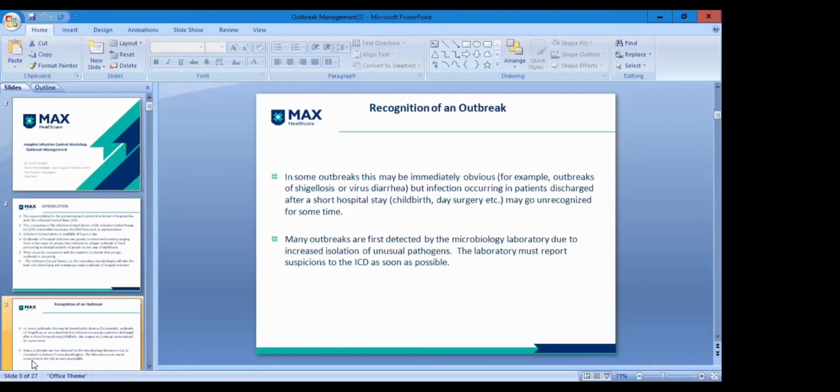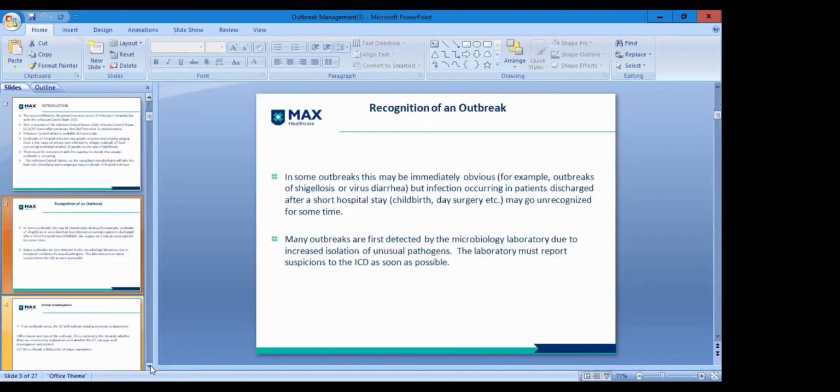If we are having multi-drug resistant organisms, in this case CROs, that is carbapenem resistant organisms: suppose one or two is the norm in a critical care unit, and I started having multi-drug resistant organisms to the tune of 4 or 5 or maybe 7, then we call it an outbreak. So the laboratory must report these suspicious cases to the infection control doctor as soon as possible. But usually the microbiologist is the one who is always reporting those outbreaks.